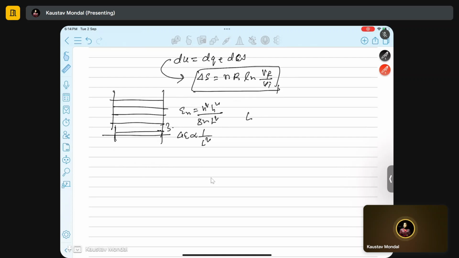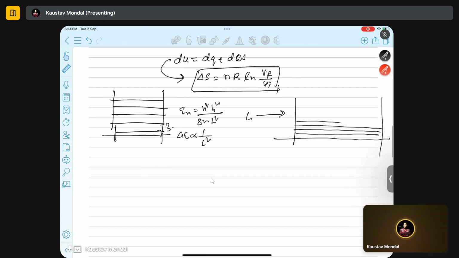So if you increase the volume of the box, the length of the box will also increase, and the density of the energy levels will increase, right? If you increase the length of the box by a certain amount, there would be much denser energy states.